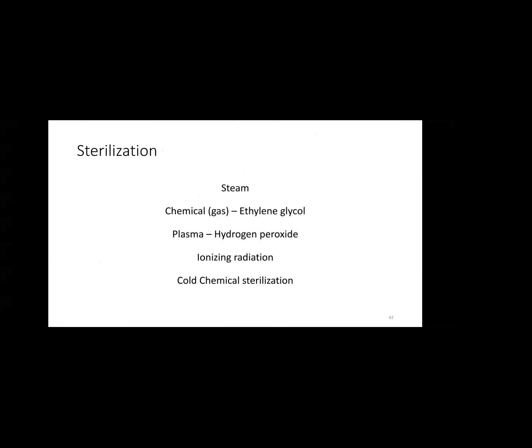Sterilization. Sterilization techniques can be through steaming, through chemical gas such as ethylene oxide, through plasma sterilization with the use of hydrogen peroxide, or through ionizing radiation or cold chemical sterilization.